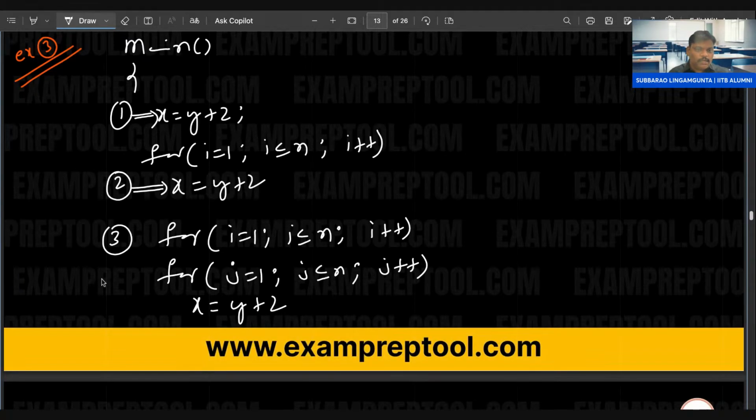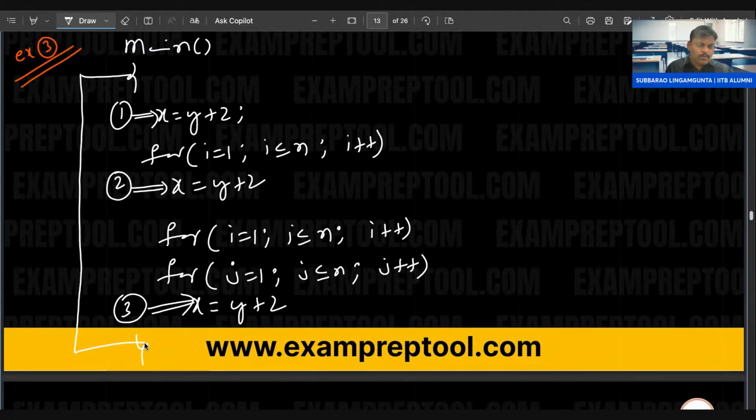It is the third statement. Remember, the for loops are not the third statement, but inside the for loop, whatever is there is the third statement. So this problem contains 3 statements. Observe carefully. I gave the numbers also. The third problem I am explaining internally contains 3 statements.